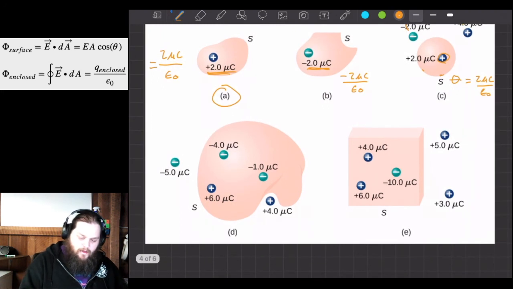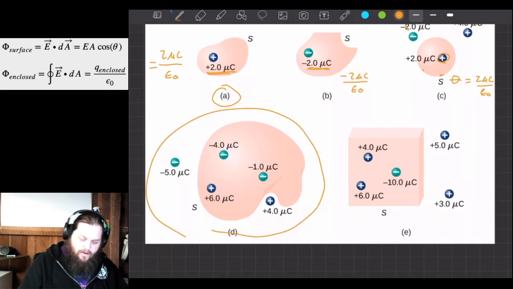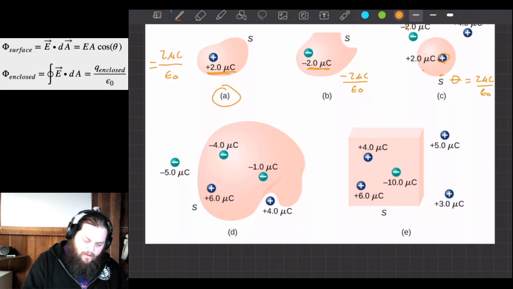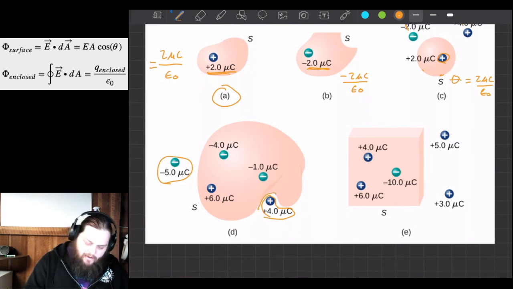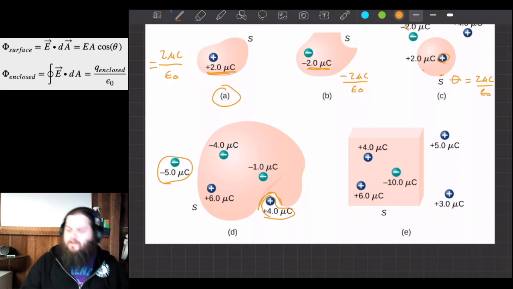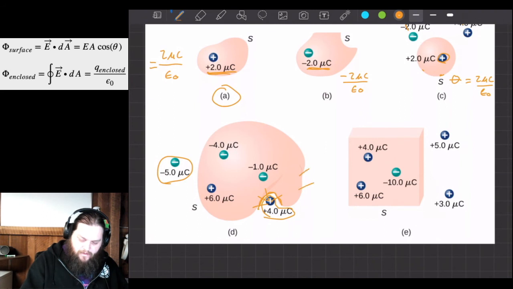Similarly, now we have this big guy down here. Well, this negative 5 microcoulombs and this positive 4 microcoulombs aren't really enclosed. This positive 4 kind of looks like it's enclosed. It's surrounded, but it's not enclosed. Everything that goes in, it'll go in from all these directions, but then it'll come out as well in all the same areas. So its net flux to the system is 0.